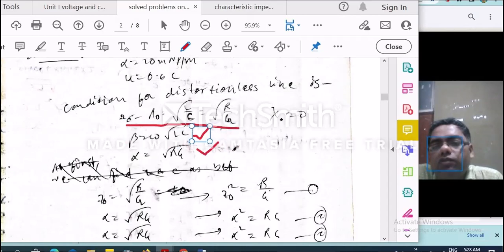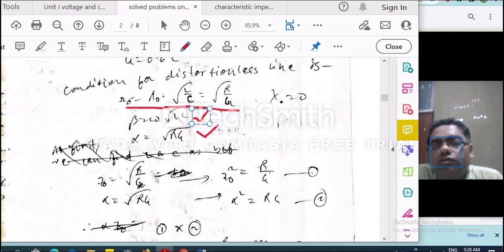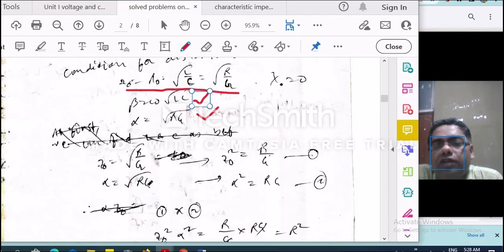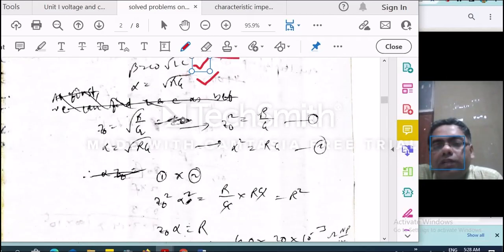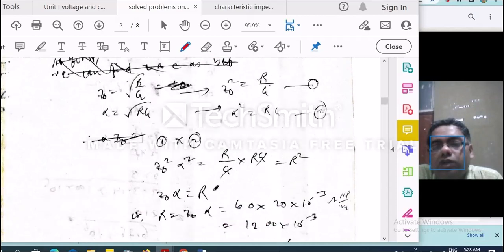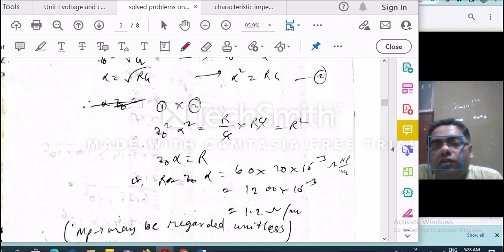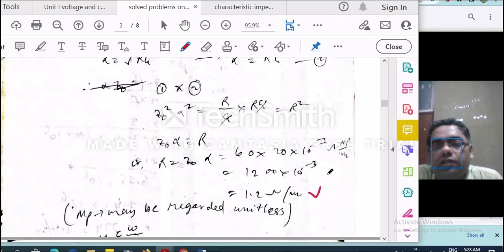So Z0 equals root of R by G; squaring, Z0 square equals R by G, and alpha square equals RG. If we multiply these two equations, we get R square. So Z0 into alpha equals R, or R equals Z0 into alpha. Then you put the values of Z0 and alpha and you get this.